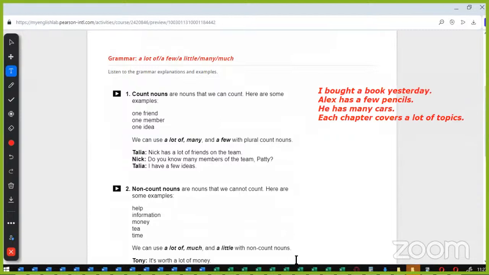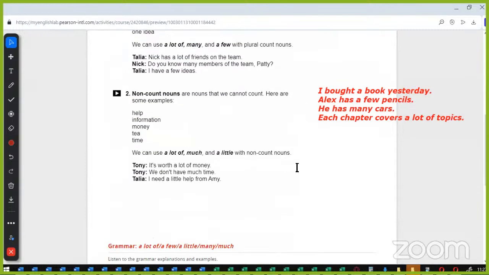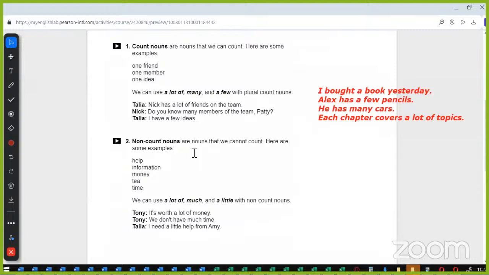Okay, and we use non-count nouns with a lot of, much, and a little. Okay, so these non-count nouns, of course, are nouns that we can't count, like help.